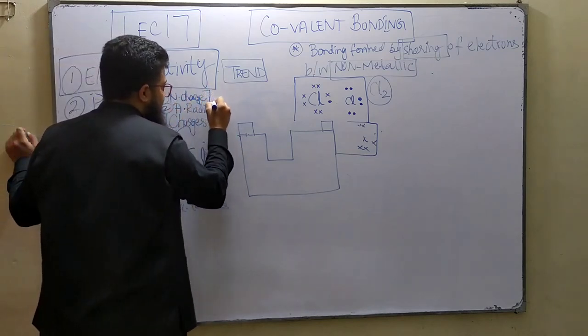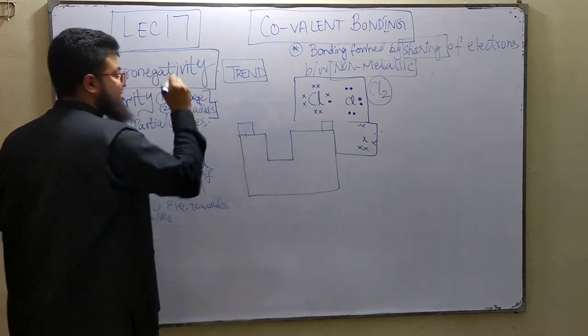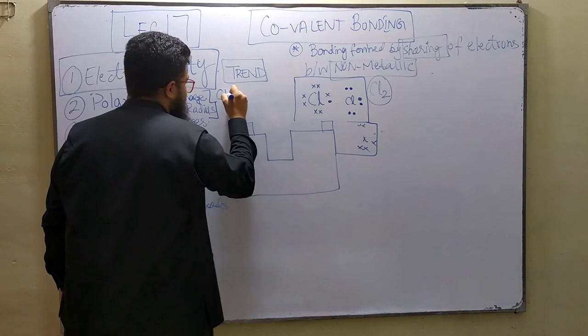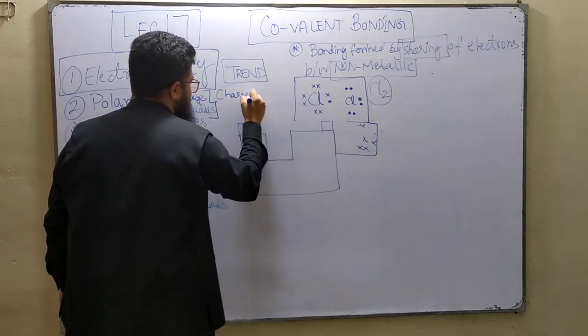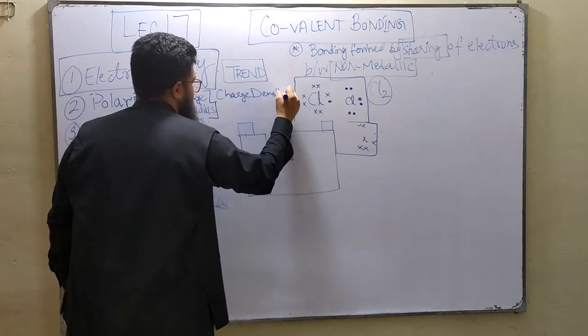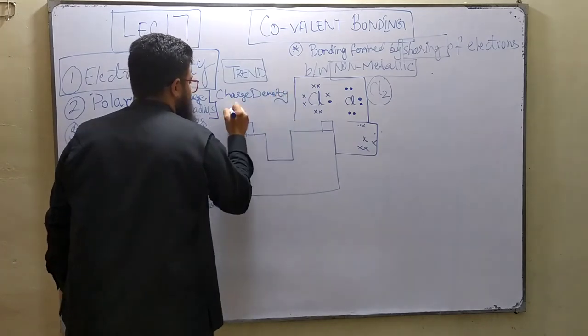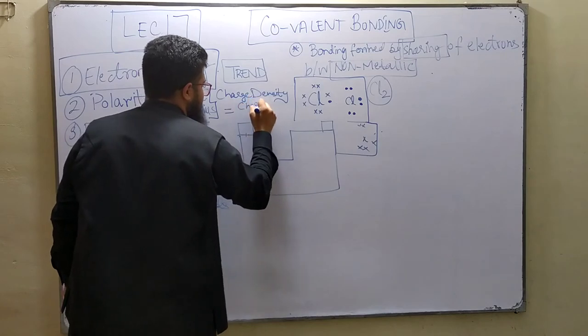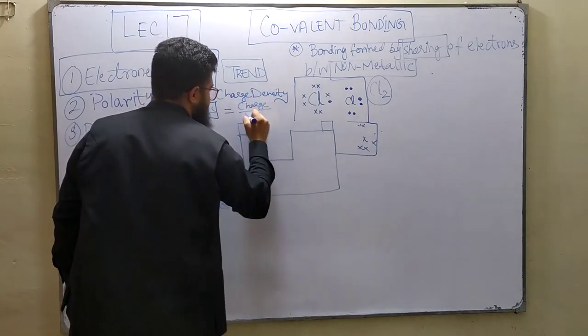Both these factors are collectively explained in a third factor, which is known as charge density. Now charge density by definition is actually the charge per unit volume.